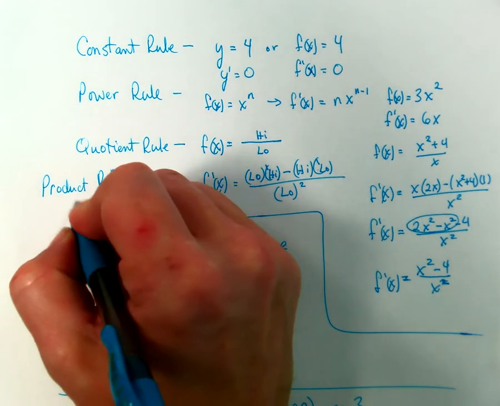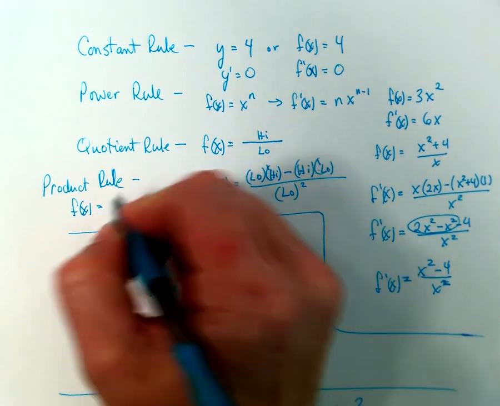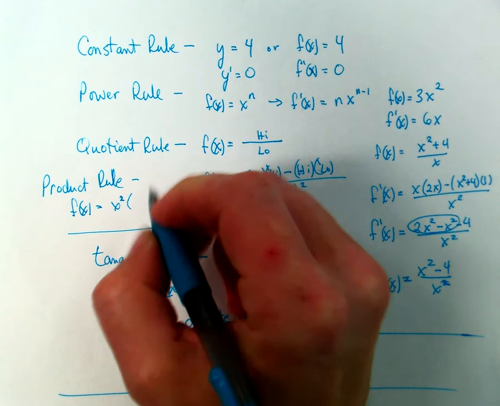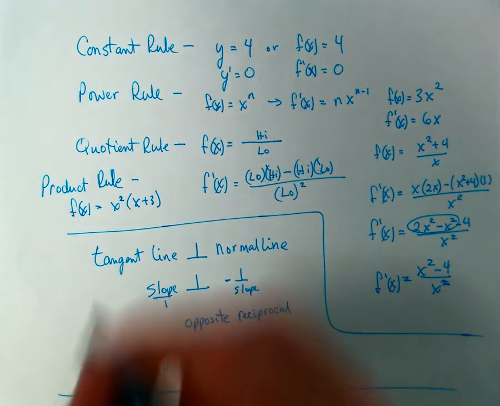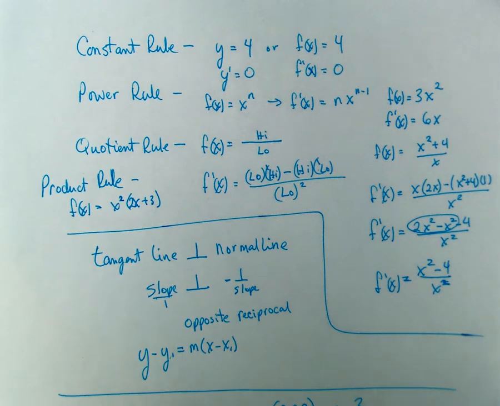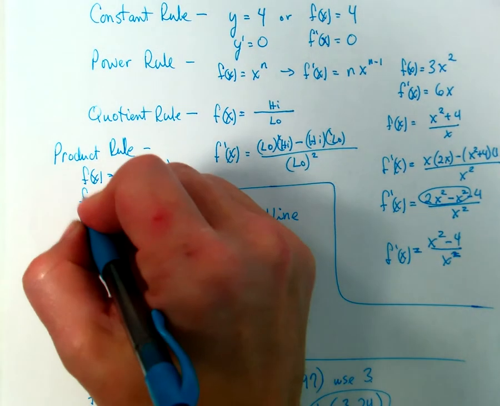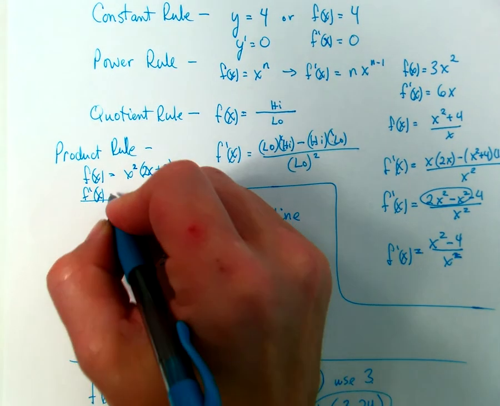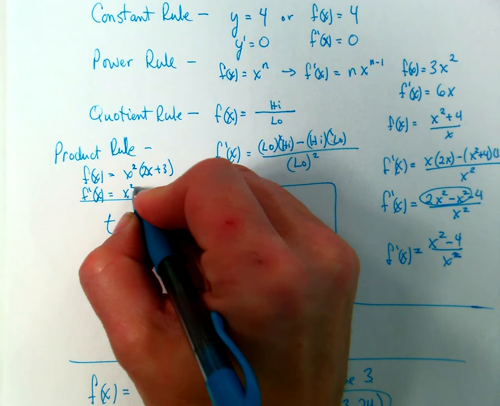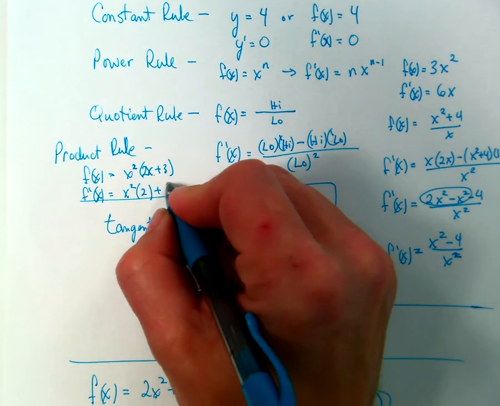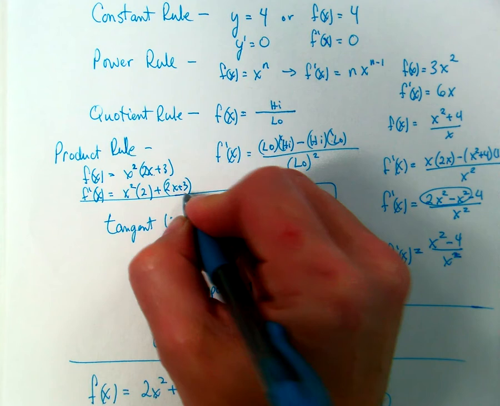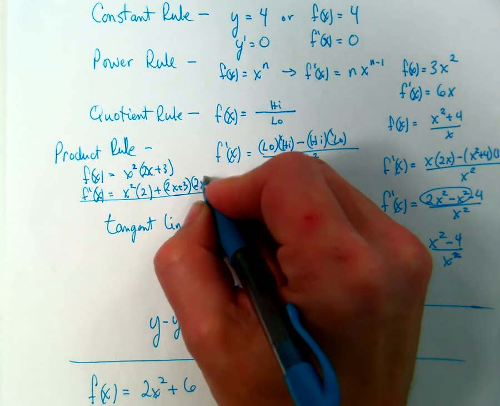But let's say that f of x was equal to x squared times x plus 3, or maybe make it 2x plus 3. Let's do that. Then I would have to, by the product rule, take the first one times the derivative of the second one, add the second one times the derivative of the first one. Okay?